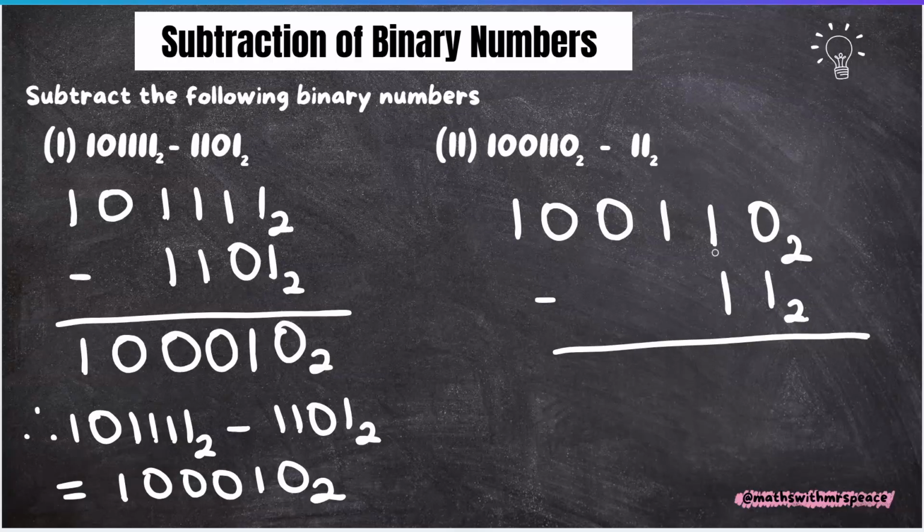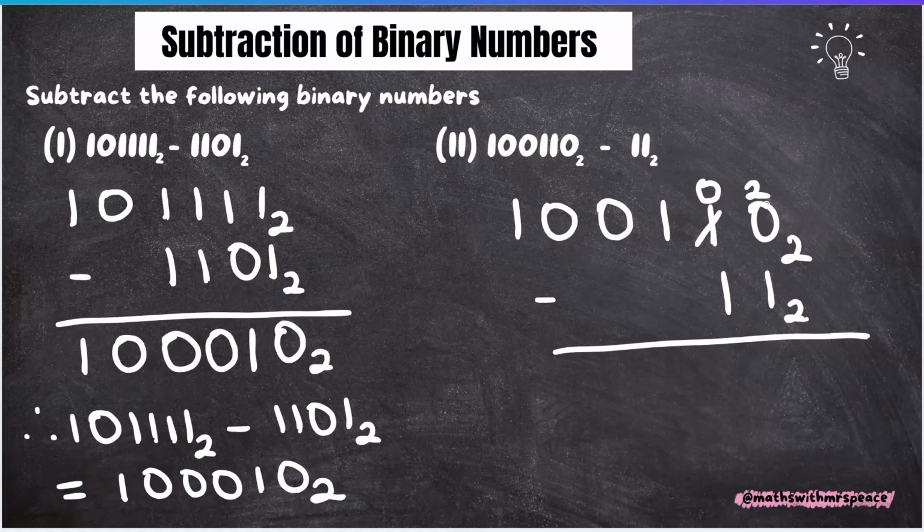We have 1 here. So we're going to come to 1 and we'll borrow. If we borrow from here, what we'll have left is a 0. Now, because we are working in binary, which is base 2, whatever you borrow will be a 2.